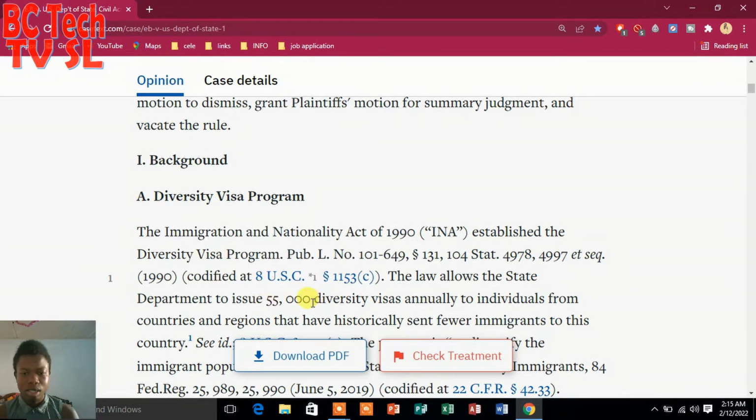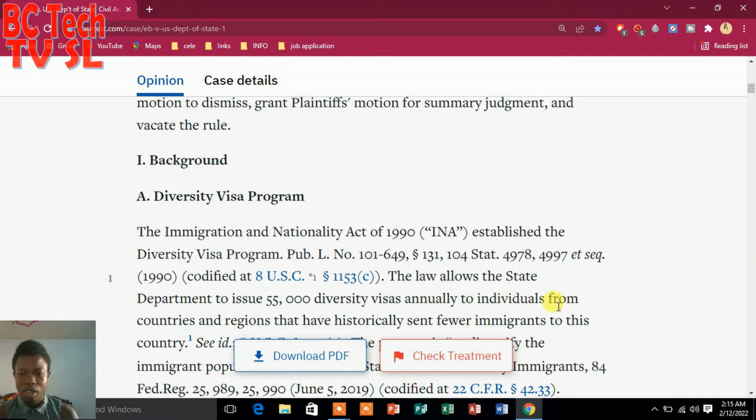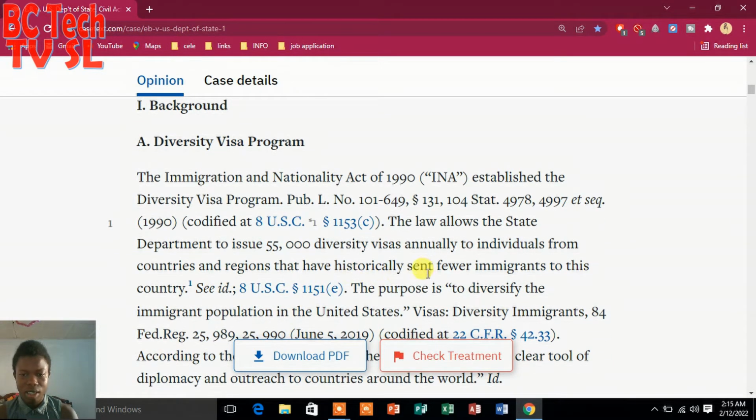So this is the amount of people, 55,000 diversity visas annually, to individuals from countries and regions that have historically sent few immigrants to the country.